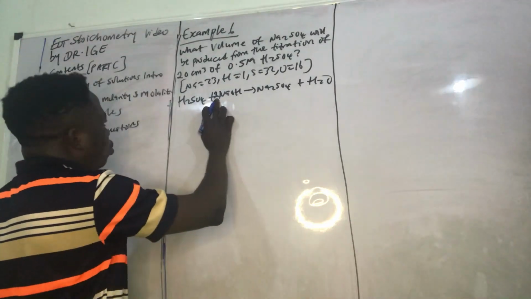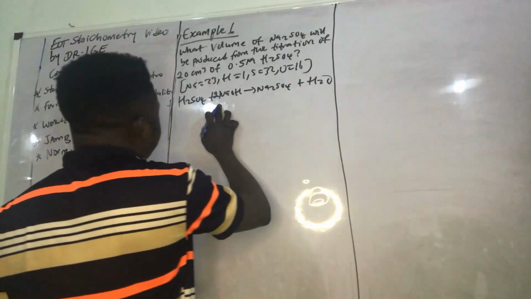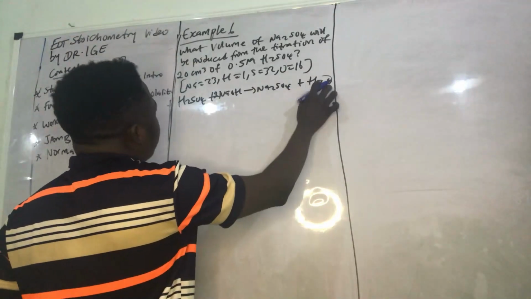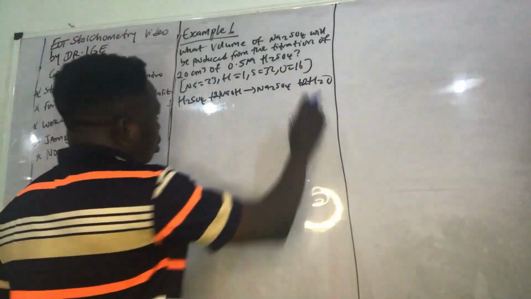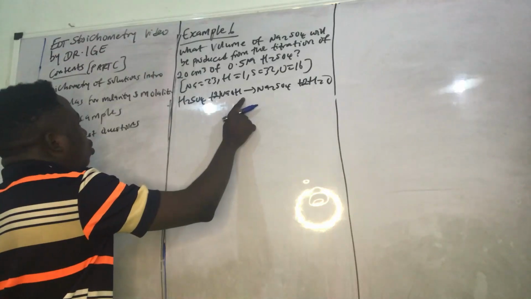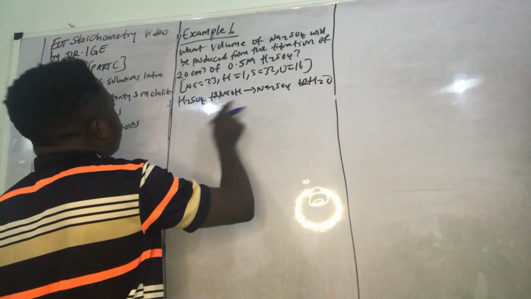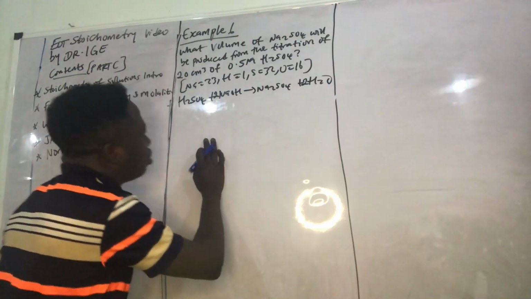Let's see now. We have 2 here, 6 oxygen. We have 4 here, we have 1. So we have to put 2 here. Hydrogen is 2 here, 2 here, that's 4. Let's go again.